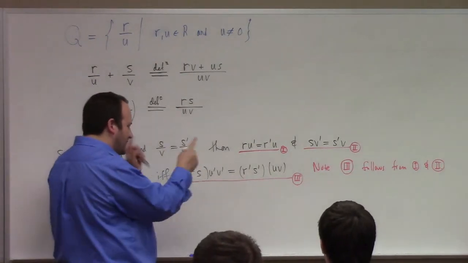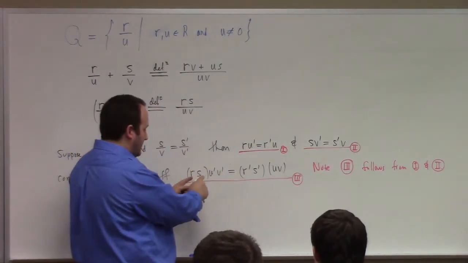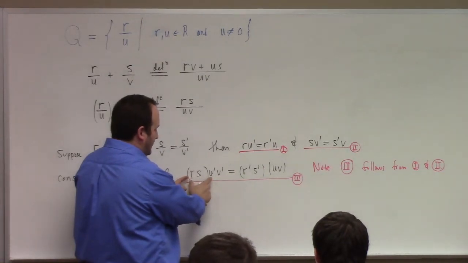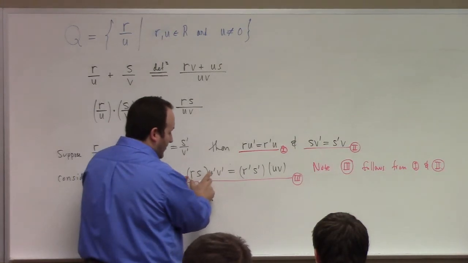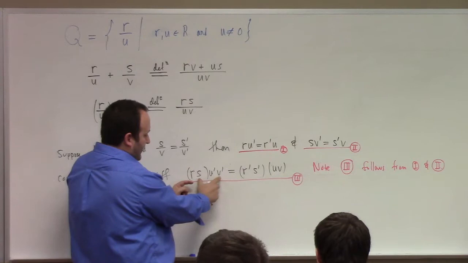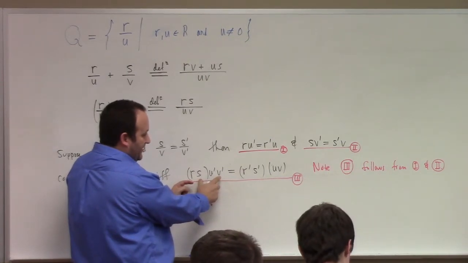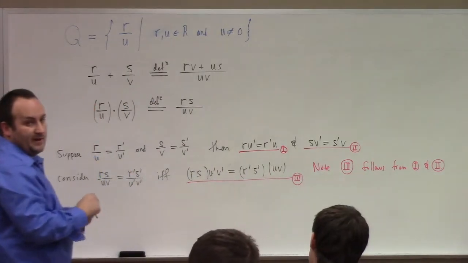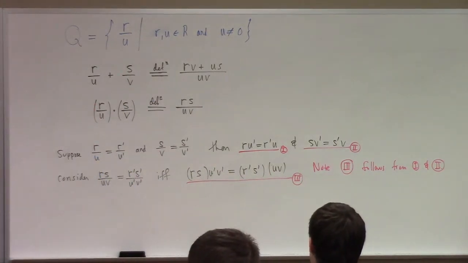What do I have to do that, though? We're in an integral domain, so we can commute. Right. That's it. So this RU prime, I can trade for an R prime U, which is what I have over here. And I have an SV prime, which I can trade for an S prime V, which is what I need over here. And yes, this is where you see the commutativity is mission critical, because I need to be able to move stuff around.